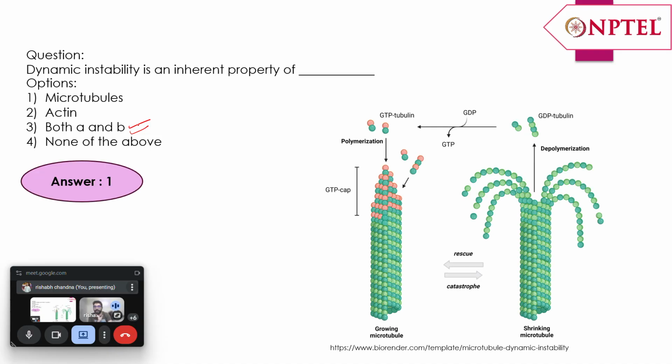Okay, so what happens is, this is the case of the microtubule, and these are the monomers of the microtubule. So this is the tubulin protein. What happens in the case of polymerization? These tubulin proteins make the protofilaments.